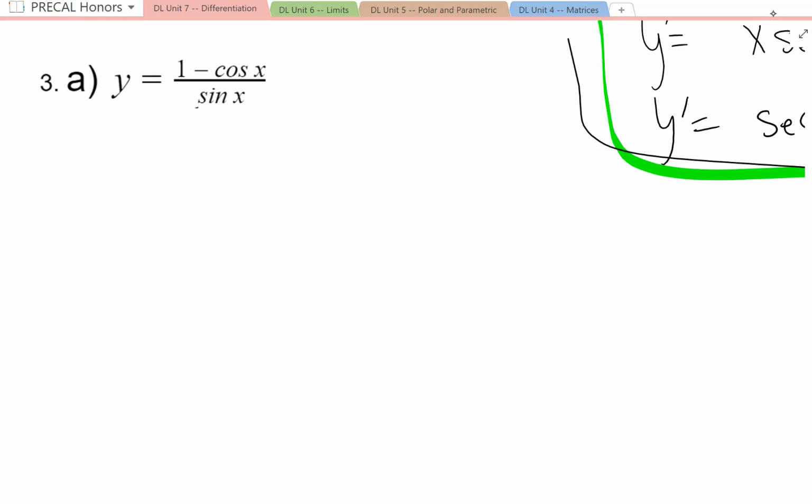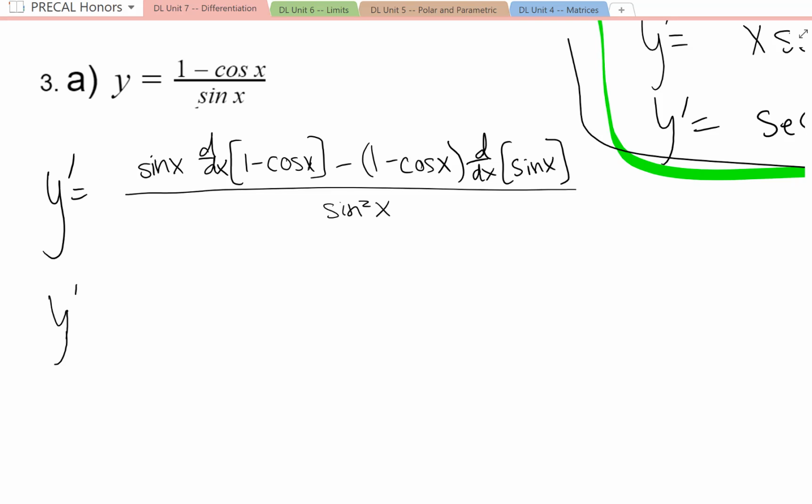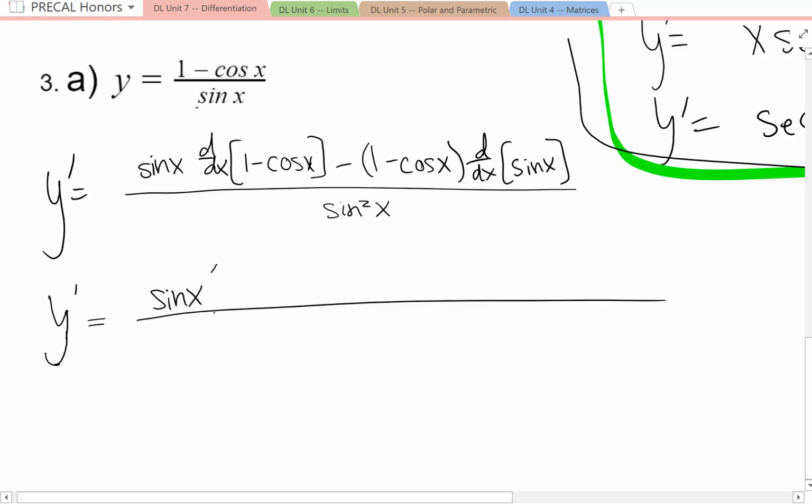Now y equals 1 minus cosine x over sine x. So I'm going to use the quotient rule. Sine x times the derivative of the top: the derivative of 1 is 0 minus the derivative of cosine x, which is negative sine x.